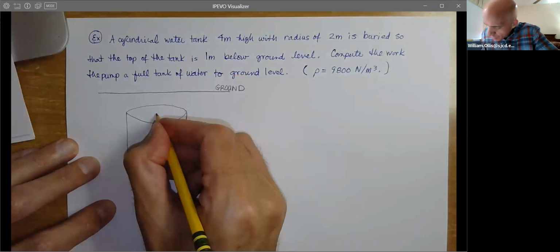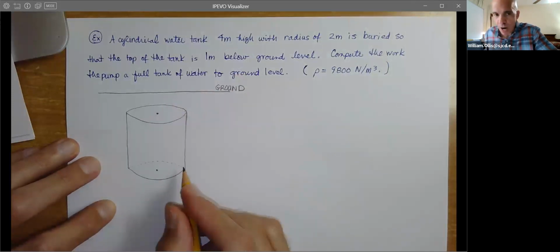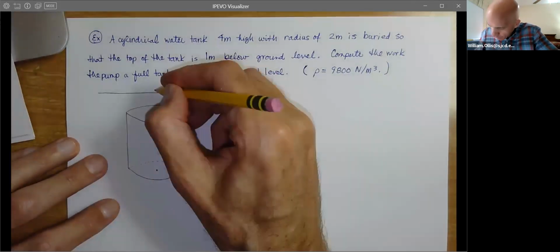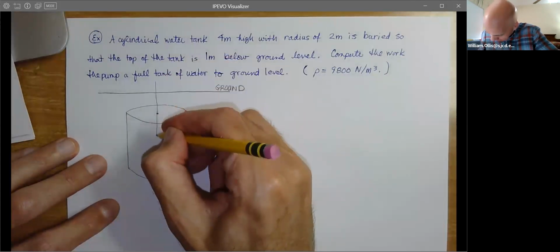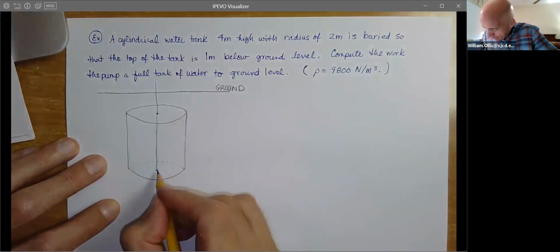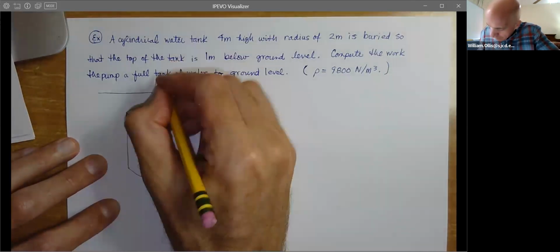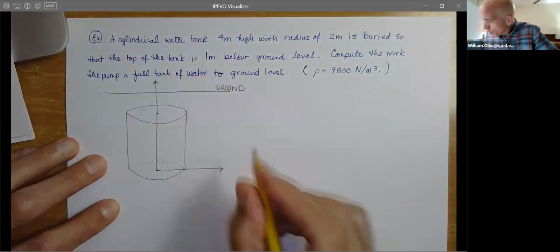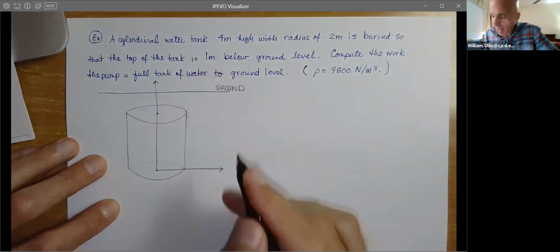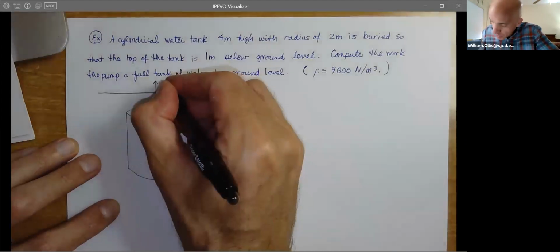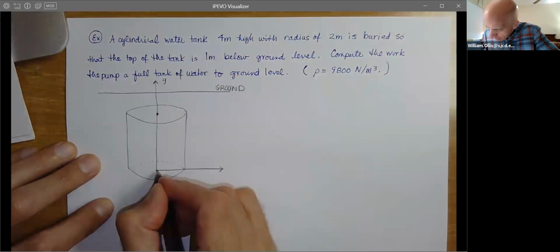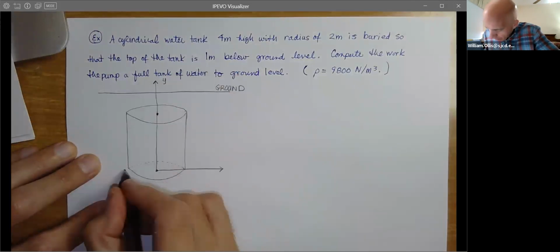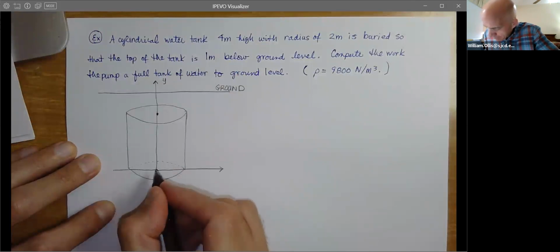What's usually simplest is to run an axis right through the center of the cylinder, just like we did with the sphere before. You are at liberty to use whatever you like, but simple is best. So this is y, and if you like, you go ahead and run over this way. This is 0.